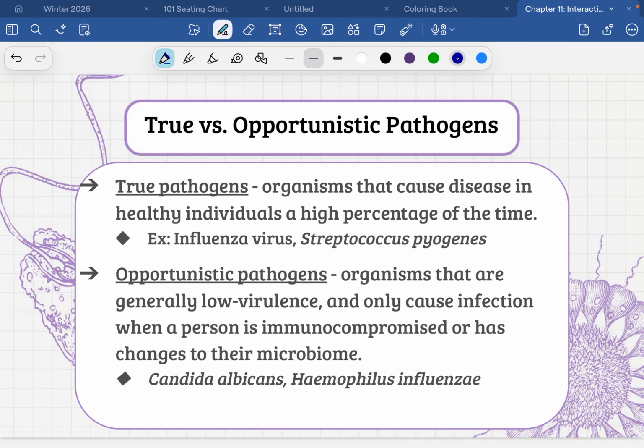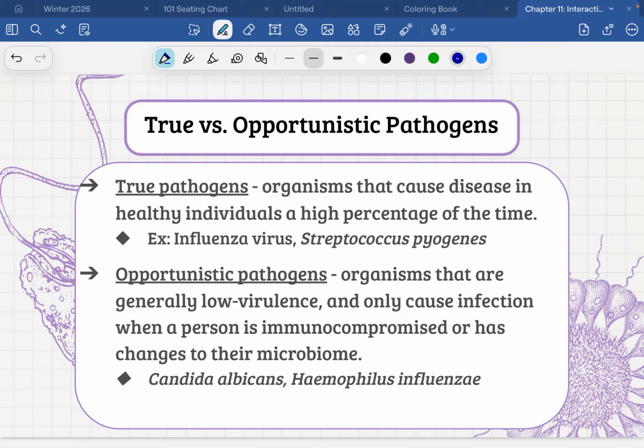So a true pathogen is an organism that will cause disease in a healthy individual a high percentage of the time. Not all the time, but in most interactions of that microbe and a healthy human host, that microbe will cause infection. So an example of that is the influenza virus. Okay, it doesn't matter how healthy you are.